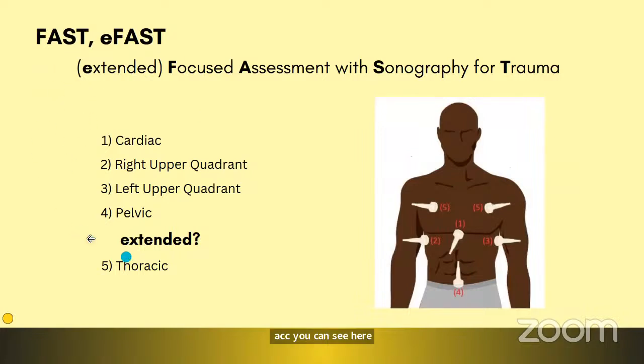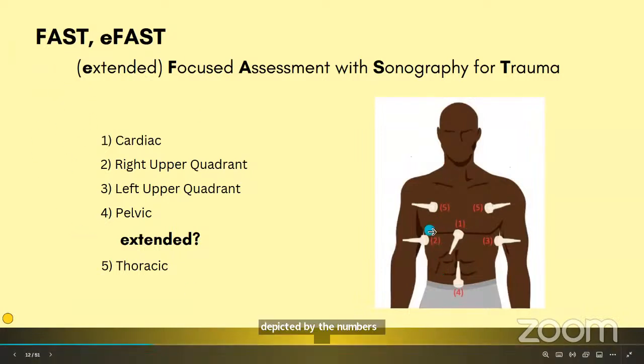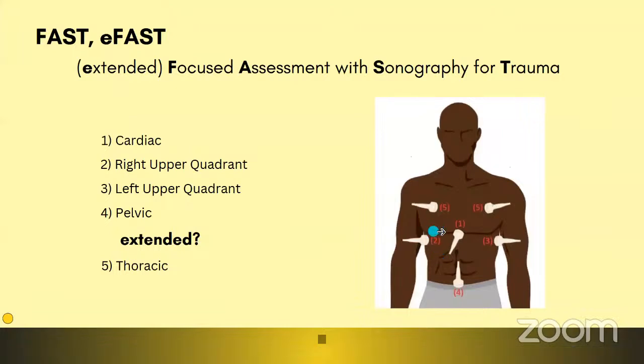We are extending it to the thoracic region to cover the lungs, since they are one of the most involved organs when it comes to trauma, and much more important since they form one of the organs in the tripod of life, right? So this is the basic concept of FAST and eFAST.